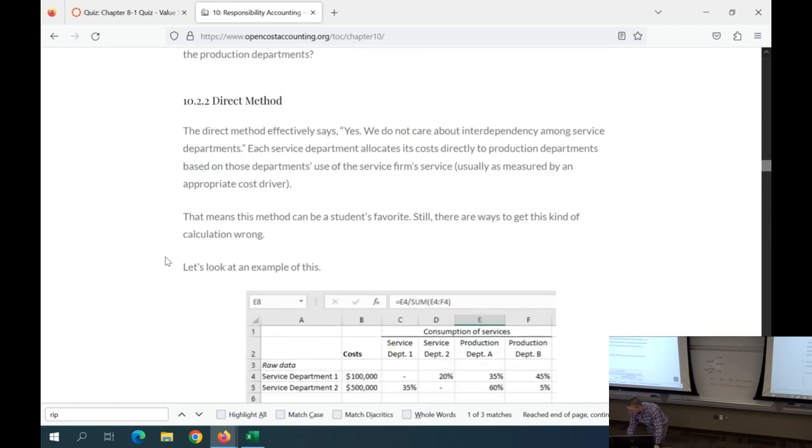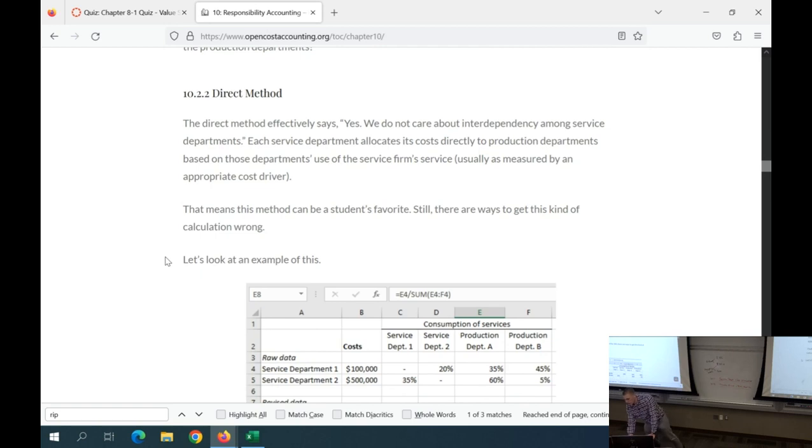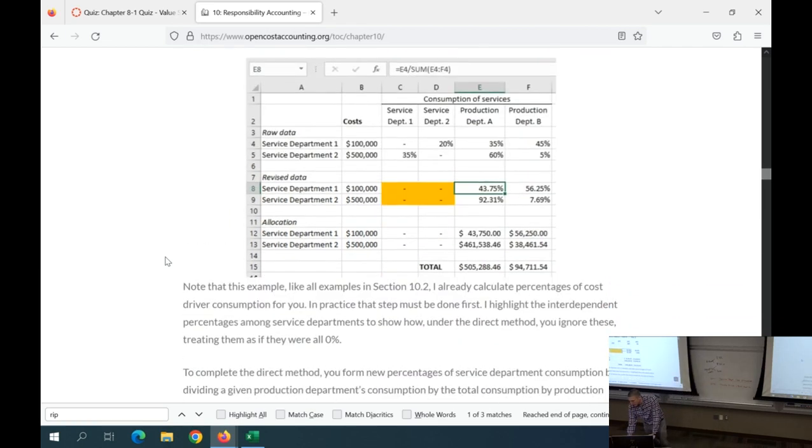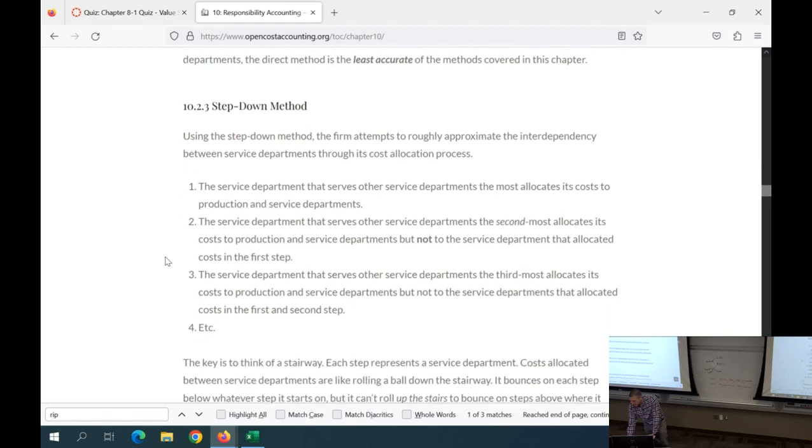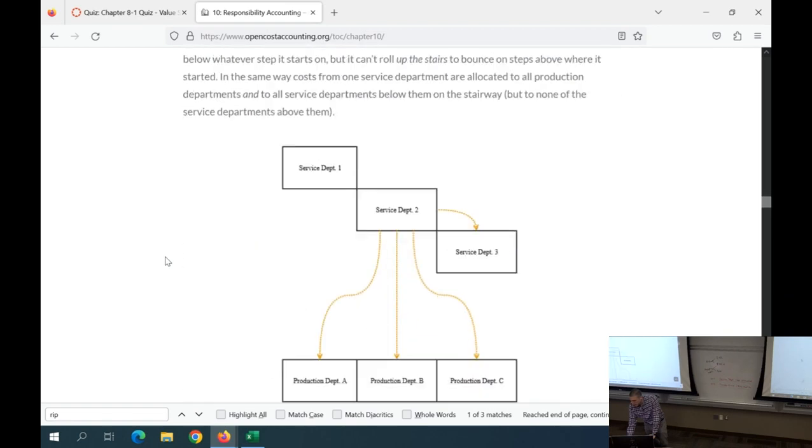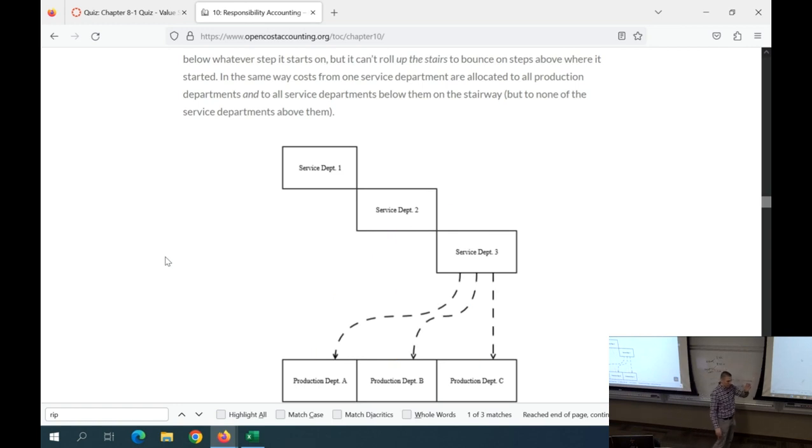The 3 methods of dealing with this are the direct method, which says, let's ignore the interdependency. Let's act like it's 0. We'll go over on Tuesday how to do that. The step-down method, which says, well, let's just do it in a turn-based way.